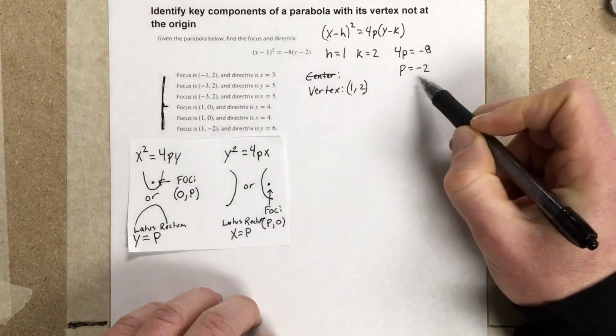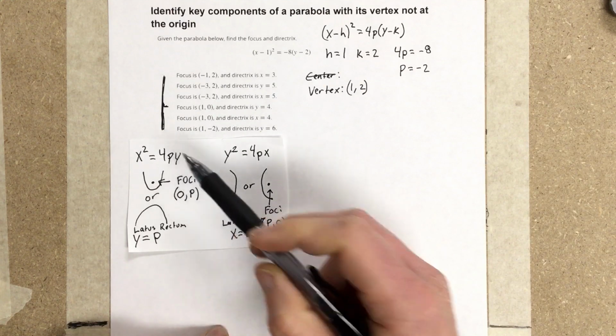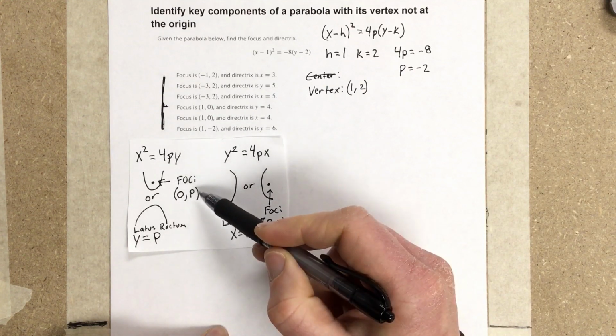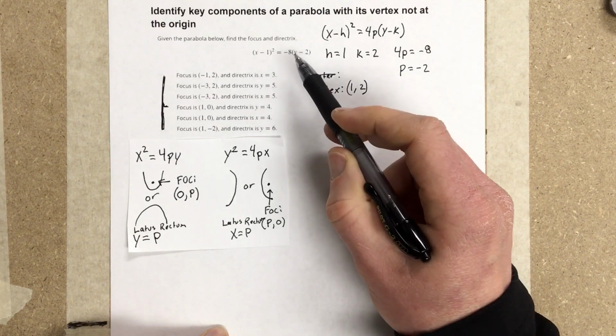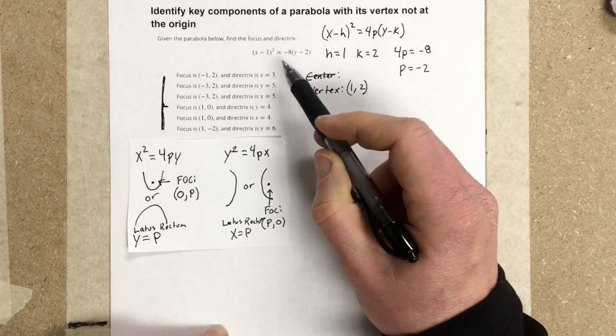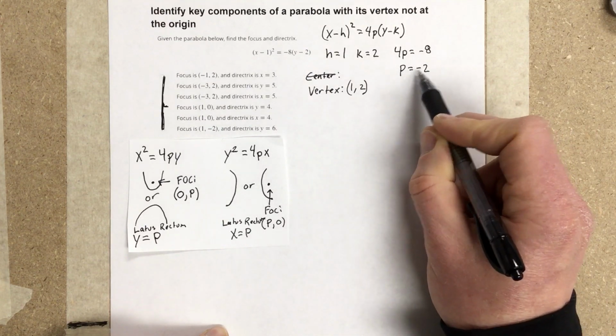So if p is negative 2, and we're dealing with x^2 = 4py, what changes for the focus is the y value. So I just need to know, does this thing open up or down? Well, this thing is opening downwards, so my focus is going to need to be subtracted from this.